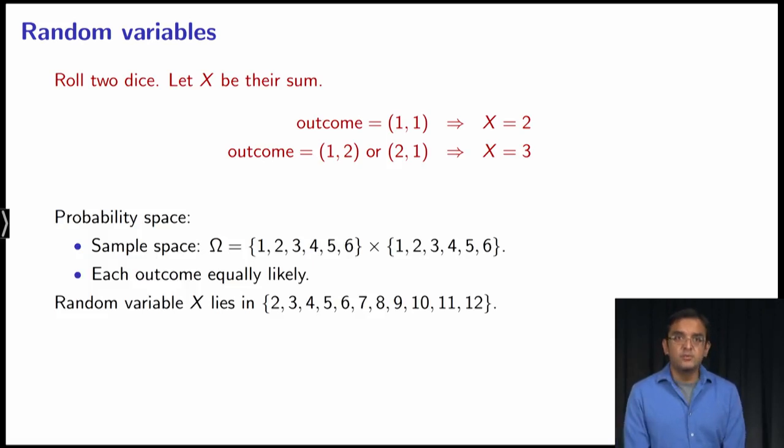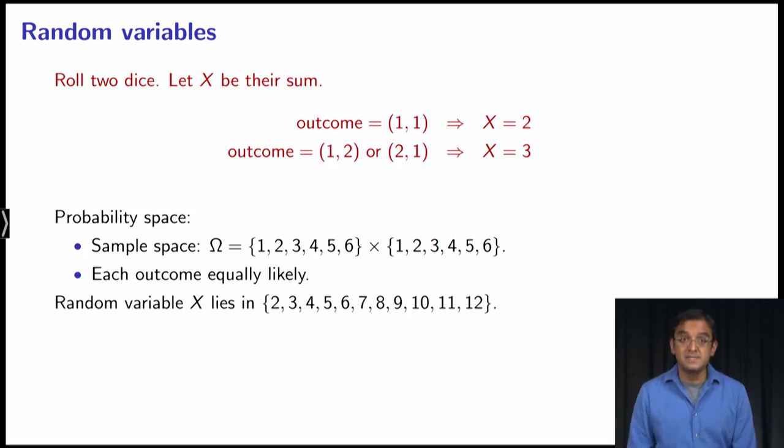So this is a situation where the probability space has 36 different outcomes, 6 choices for the first die and 6 choices for the second die. But we are only interested in a particular aspect of this outcome, the sum of the two dice. And this aspect, which we call x, can only take on 11 possible values, 2, 3, all the way up to 12.